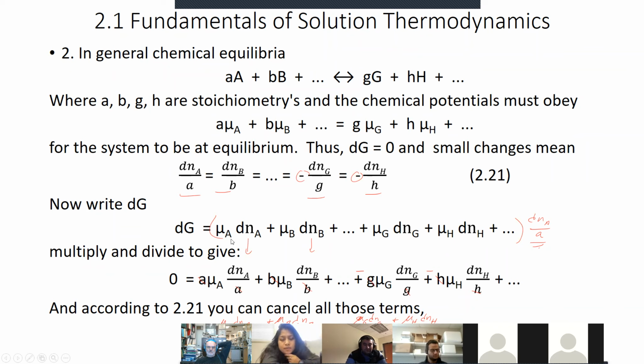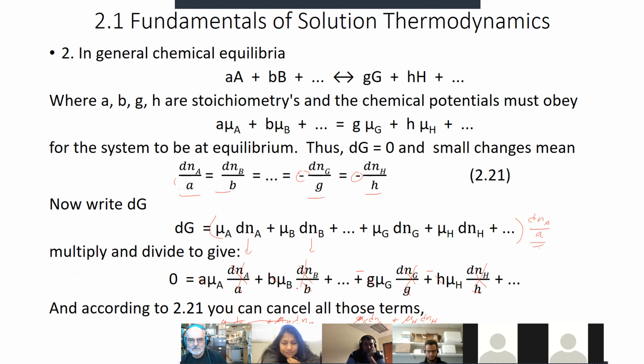Oh, these all cancel because of this equation. So okay, I'm getting myself confused. These all cancel, sorry. These all cancel because they're equal. And that's what gives us this equation.